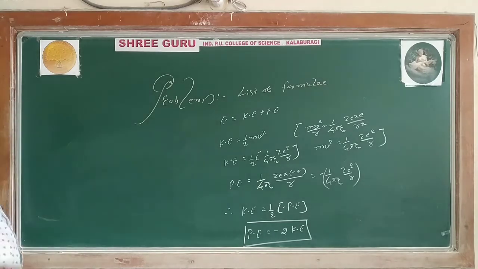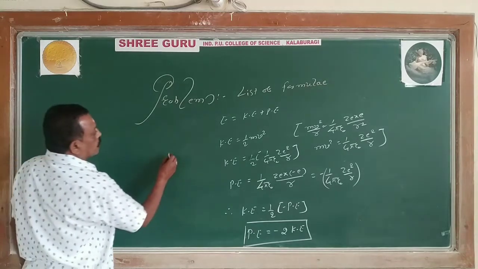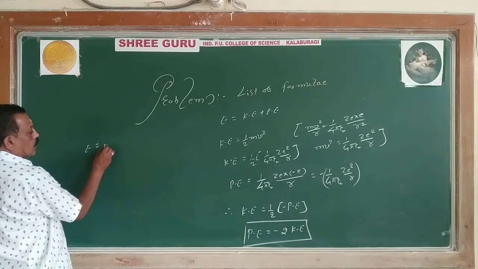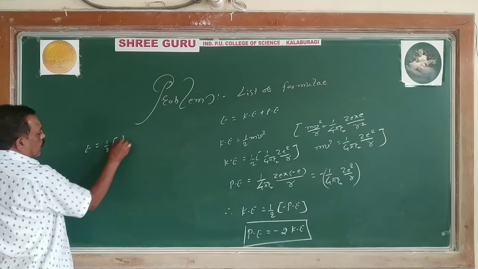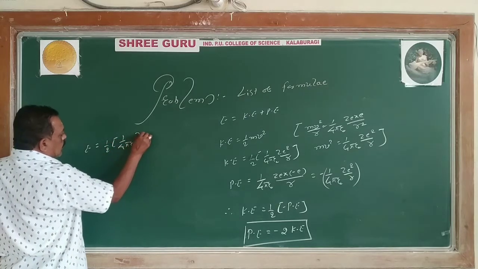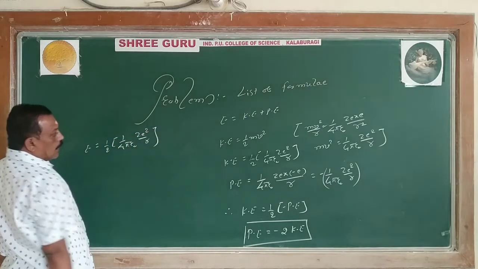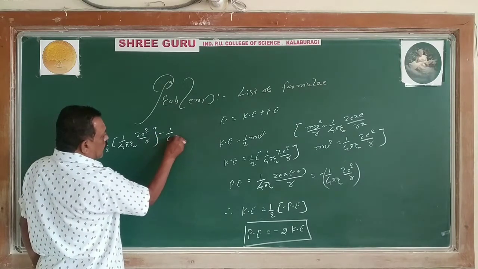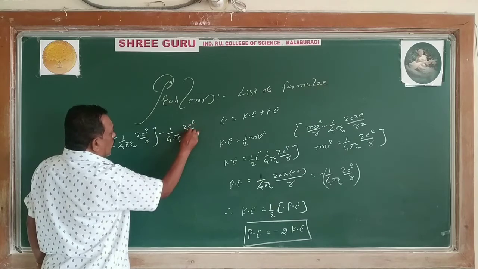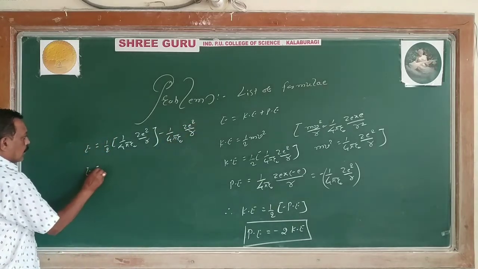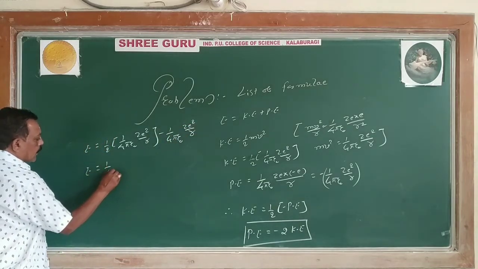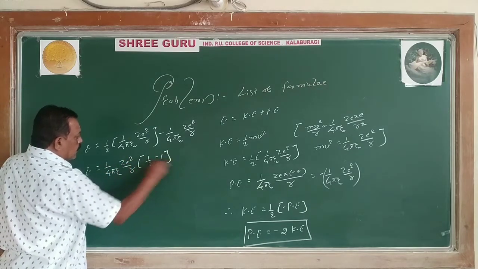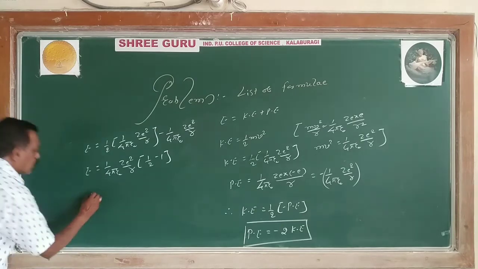Then what about the total energy? Total energy E equals kinetic energy plus potential energy, so 1 by 2, 1 divided by 4 pi epsilon naught, z e square by r, plus the potential energy, which is minus 1 divided by 4 pi epsilon naught, z e square by r. Taking the common term, 1 divided by 4 pi epsilon naught, z e square by r, half minus 1 gives minus half.